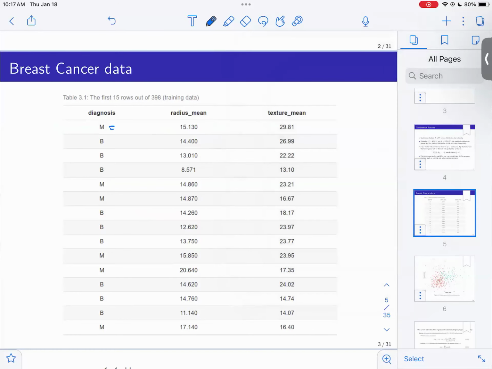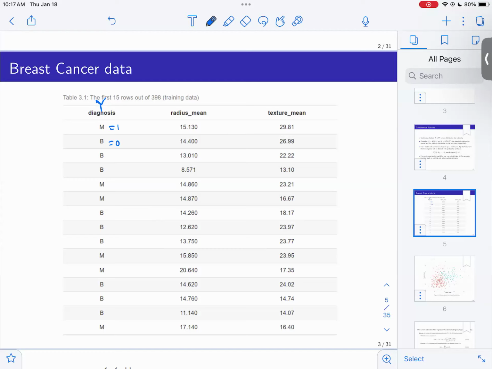Let's call this 1. Let's call this 0. So that would be our y. You want to predict whether it's like that based on some measurements: mean radius and texture. So the texture of the cells, I guess, or the mean of the radius of the cells. And these are numerical, these are real-valued.